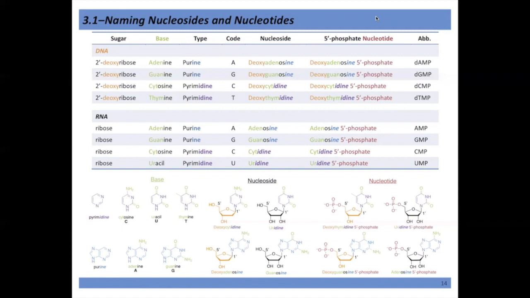And then the sugar in orange here, so the orange part comes from the name of the sugar. The thymine comes from these groups off of the heterocyclic base. The idine comes from the name of the pyrimidine base. And then, of course, the phosphate comes from the phosphate group right there. So hopefully that gives you a little logic how these names are derived.